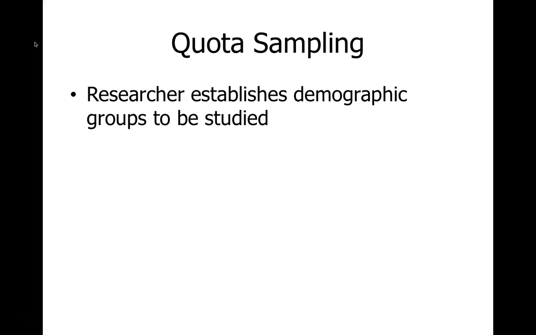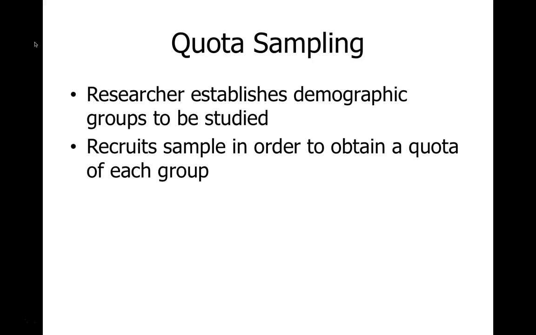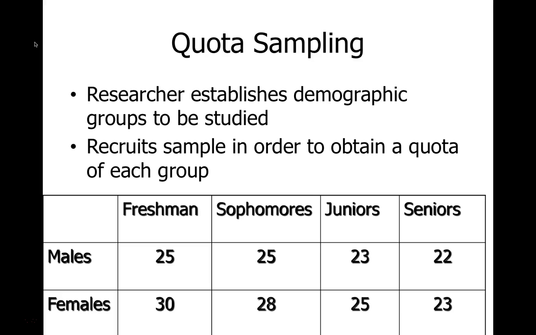Quota sampling is a sampling technique in which the researcher establishes some demographic group to be studied, and then we recruit those samples in order to obtain a quota of each group. So in a lot of research, we may say that we want to make sure we have equal numbers of men and women, or numbers of men and women that match our target population.